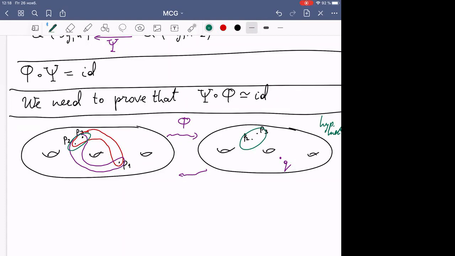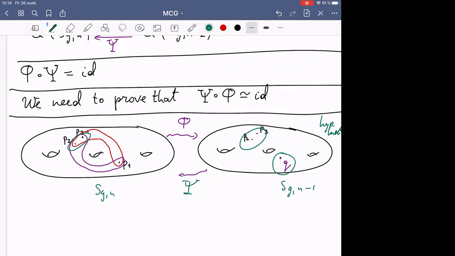So this is not the identity. If Q would be in some other place, we would have some other rule, but any choice of this point Q gives a certain particular rule of making a curve on S_{g,n} from a curve on S_{g,n-1}.